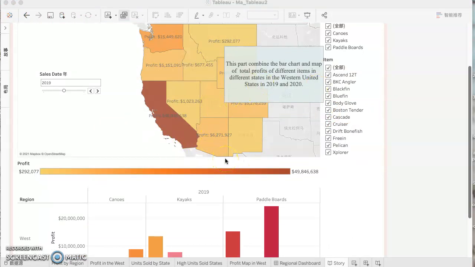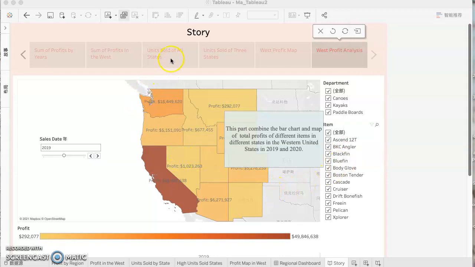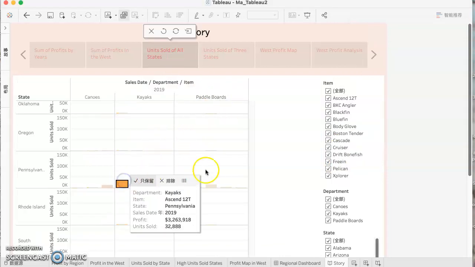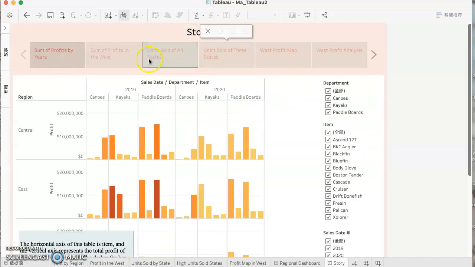And to conclude, I think I learned a lot from writing this Tableau project. I know how to correctly use tools to analyze data and draw my conclusions. I think Tableau is a really useful tool for me to analyze data information more conveniently and easily.